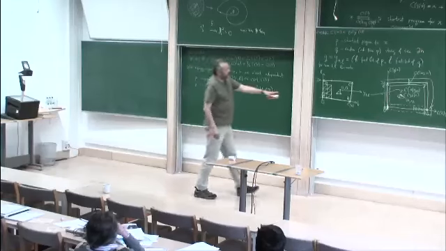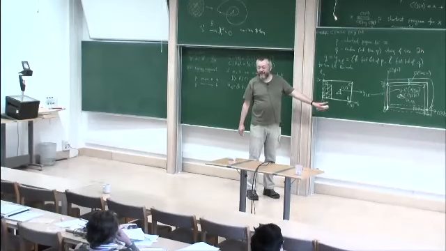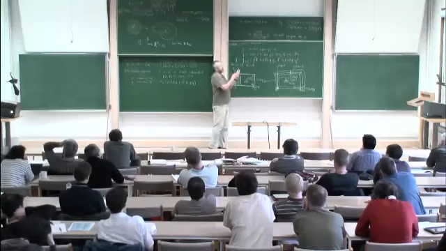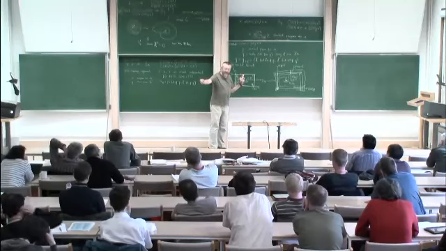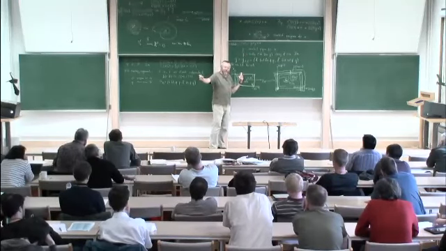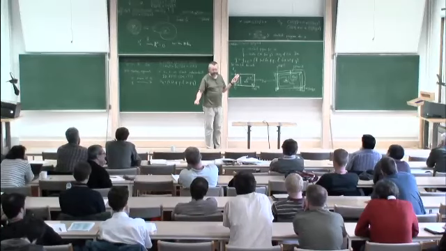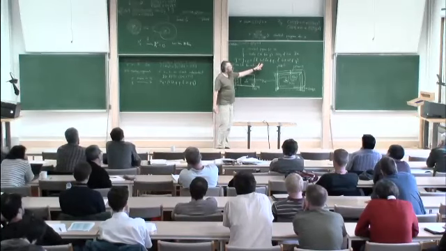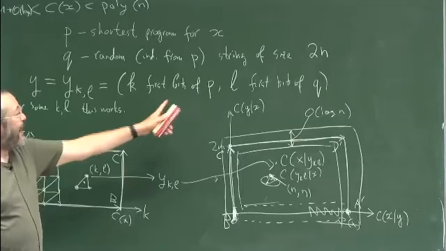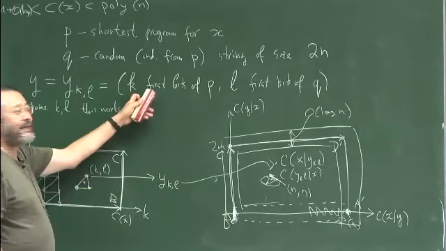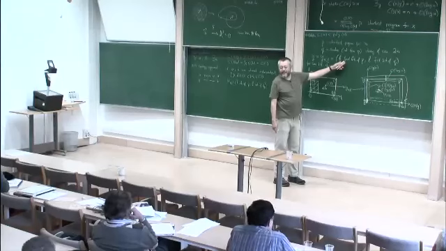Imagine that X is very long. Say it's a string of zeros with some length, and the length really contains all the information. Then if we take k first bits of P, on the way we will encounter many different k's, and some of them will be very informative.